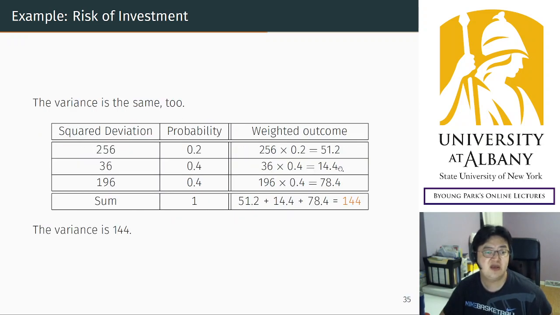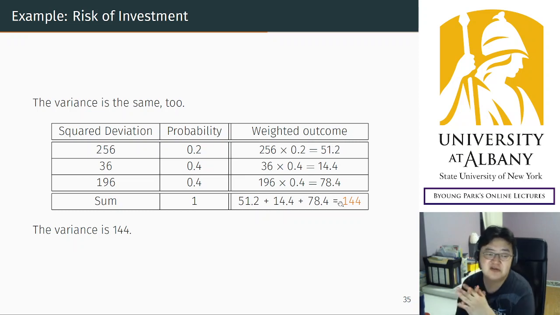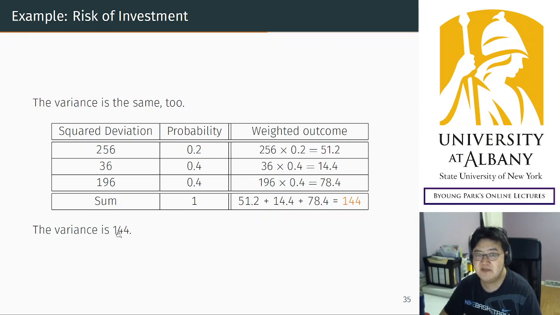Then finally, you have to calculate the mean of the squared deviations. So three possible outcomes for the squared deviations and their probabilities. Multiply, multiply, multiply, sum. That's the variance, which is 144, the same variance as in the original example.